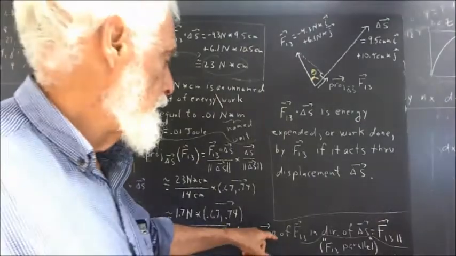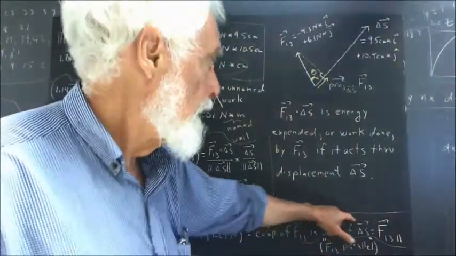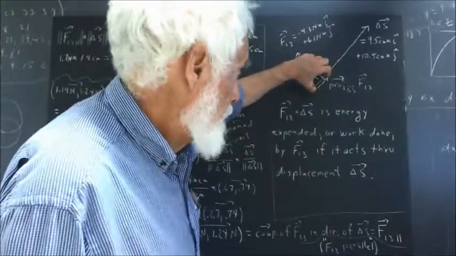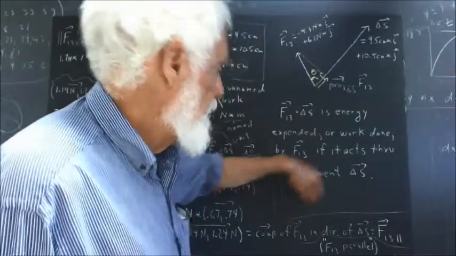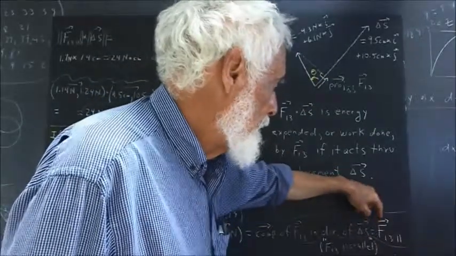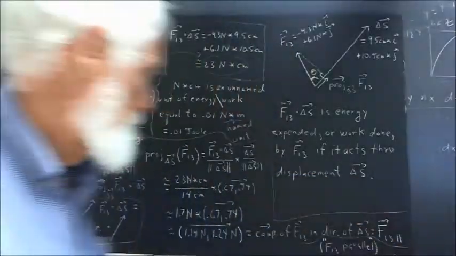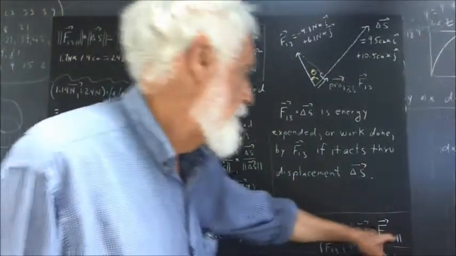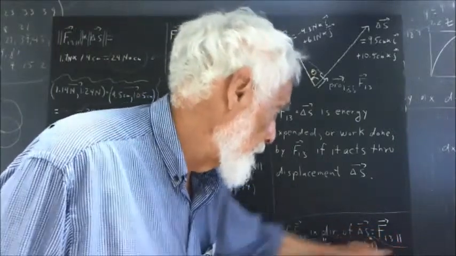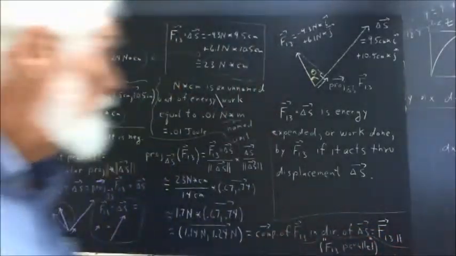This is what we call our vector component of F13 in the direction of delta S. This is the projection vector. We also call it the vector component, and we give it a symbol, F13 parallel. Okay, and these parallel lines here mean parallel. We read that as F13 parallel.